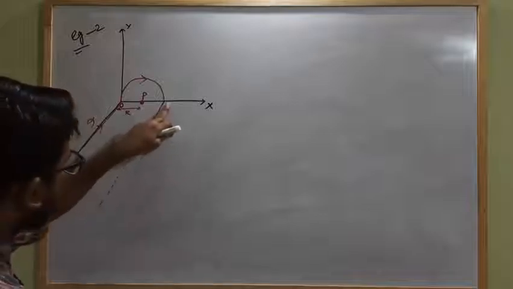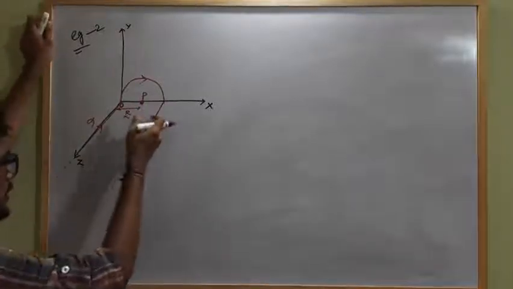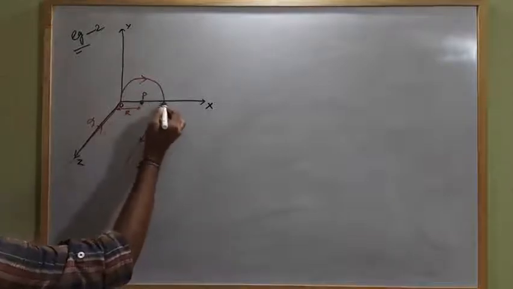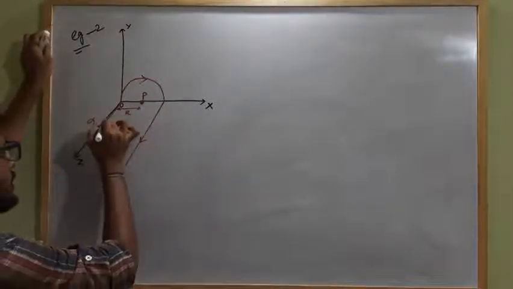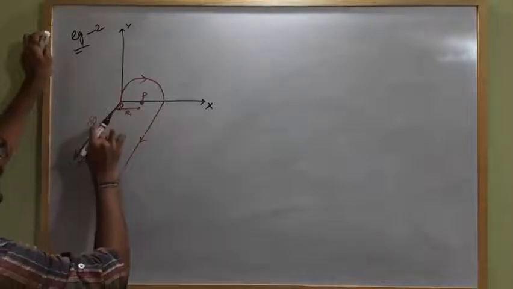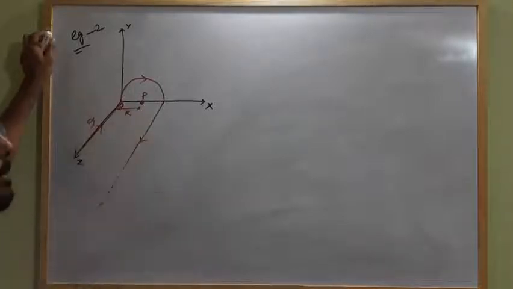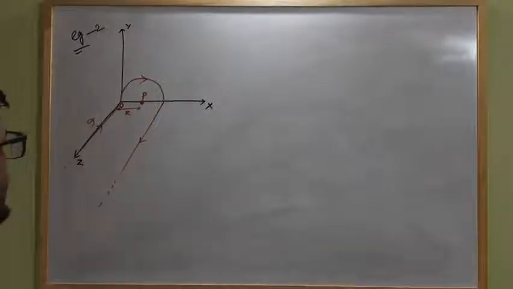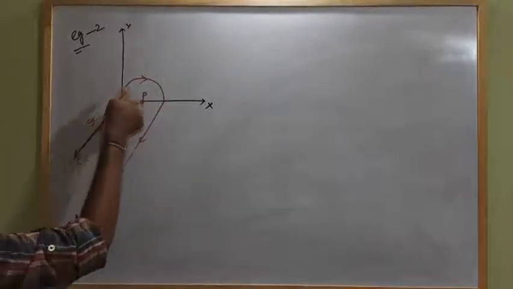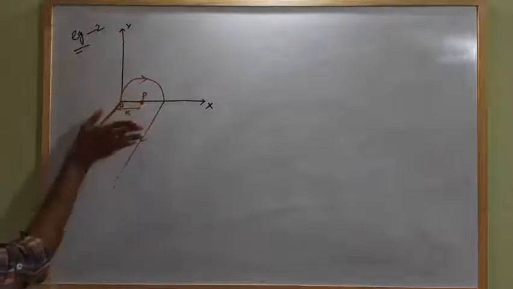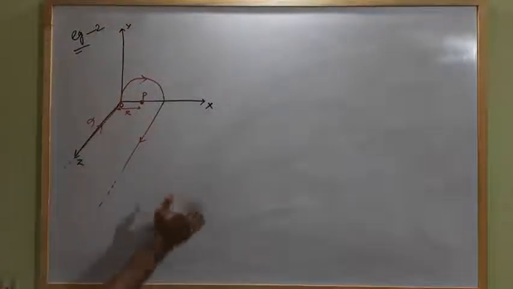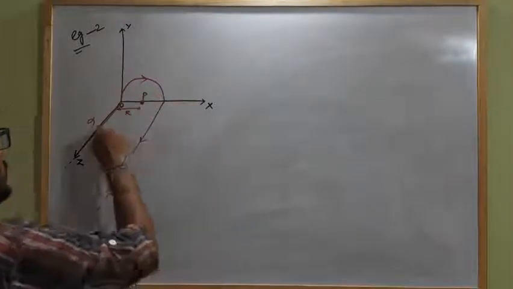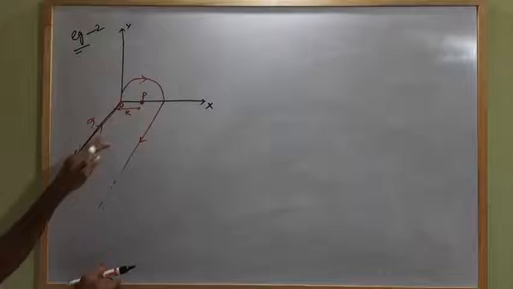Similarly, this is another infinite long straight conductor and the point of observation P is again close to one end, but in this conductor and in this conductor the current direction will be different. Here the current is upward, here the current is in downward direction, but due to this current carrying conductor the magnetic field strength at point P will be, by the right hand thumb rule, inward. Similarly, due to the other current, the magnetic field strength at point P will be again inward. So due to this and due to this the magnetic field strengths will be added up.